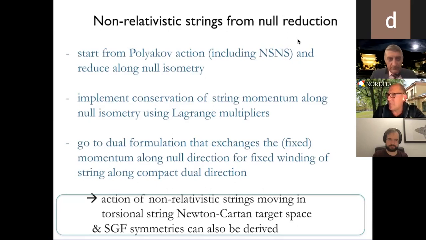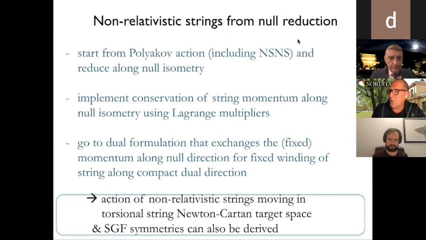The way it goes, you start from the Polyakov action, including the P field, and you reduce this along a null isometry. You implement conservation of string momentum along this null isometry, and you do that using Lagrange multipliers. And then there's a nice trick that is reminiscent of T-duality, but it's not really T-duality because it involves a null direction.